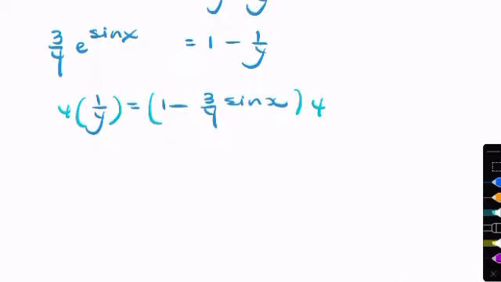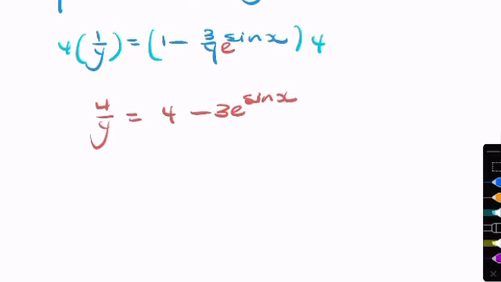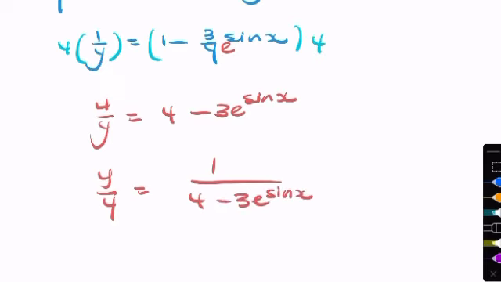So you'll end up with 4 over y equals 4 minus 3 — I keep writing sine x, I mean e to the power sine x. And then if you invert that, and you invert that, you have y over 4 equals 1 over 4 minus 3 e to the power sine x.